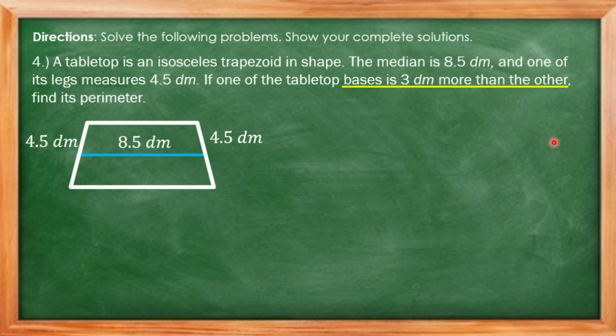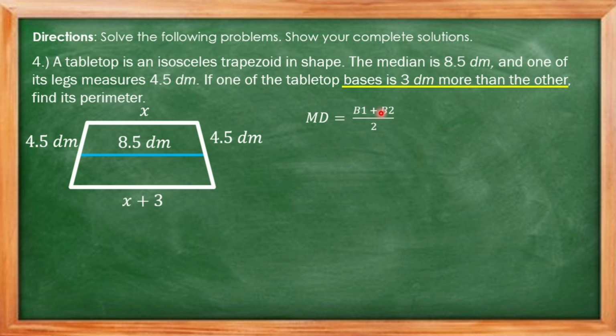Kung ang isang base daw ay measures 3 decimeter more than the other, ibig sabihin ng isang base, i-represent natin as x kasi wala naman itong binanggit na measurement. Okay, kaya yung isa ay x plus 3 kasi more than the other, so x yung isang base na yon. The problem is to find the perimeter of this tabletop. Okay, so, apply natin uli ang formula ng median of a trapezoid.